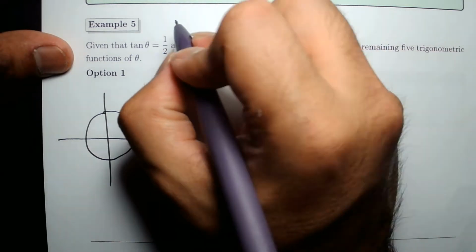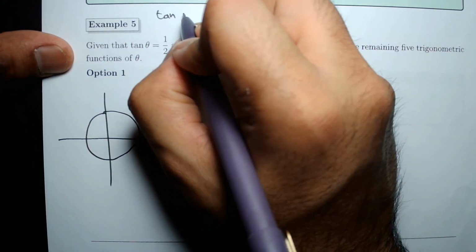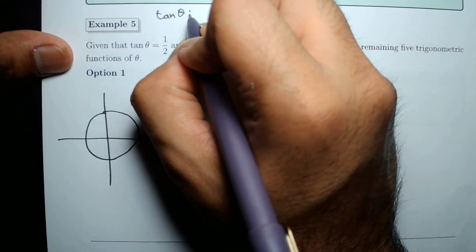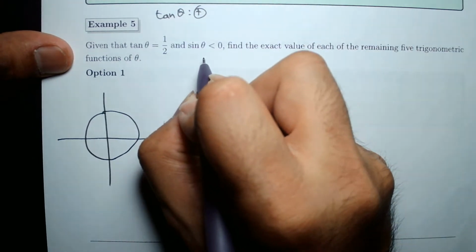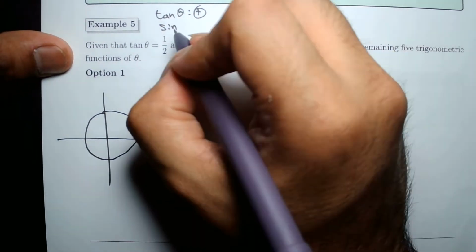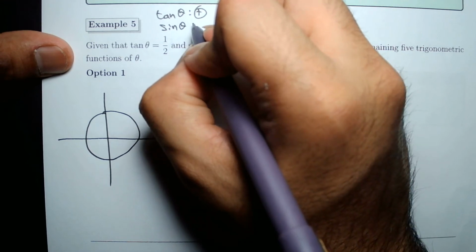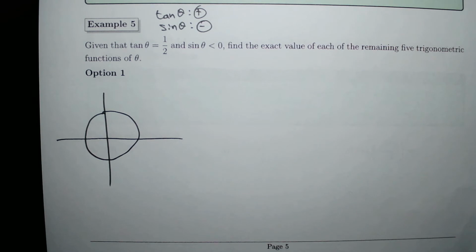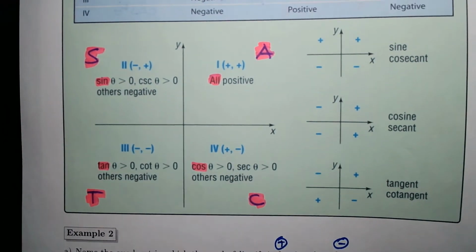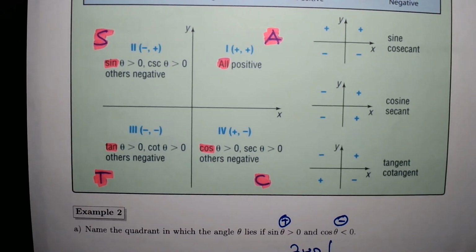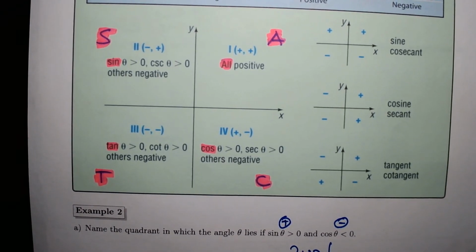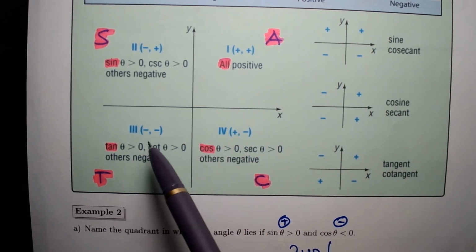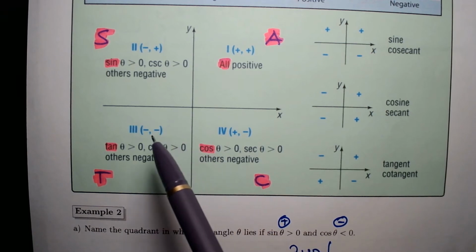If you look at this, tangent is positive and sine is negative. So we need to go back a couple pages back. We need to find the quadrant in which tangent is positive, yet sine is negative. And in this case, it turns out that this is the third quadrant.